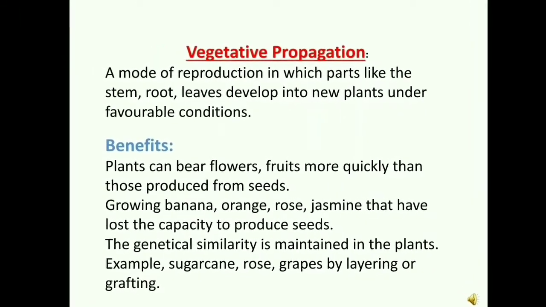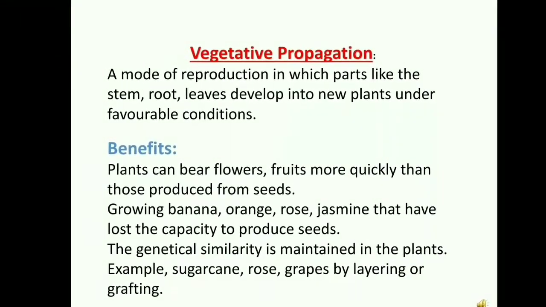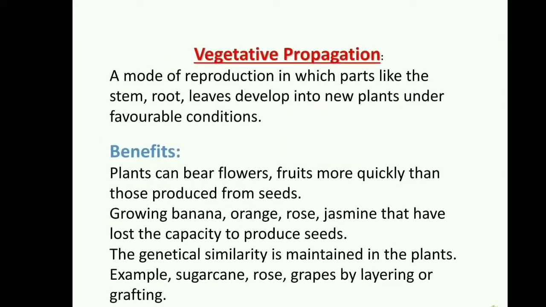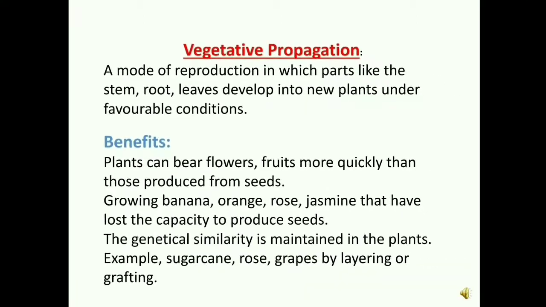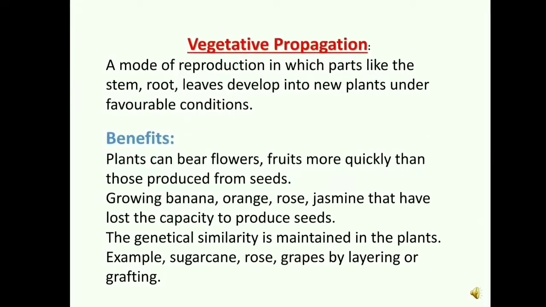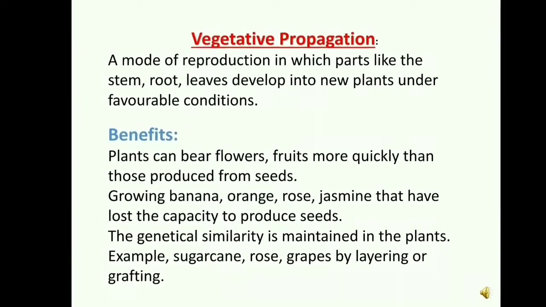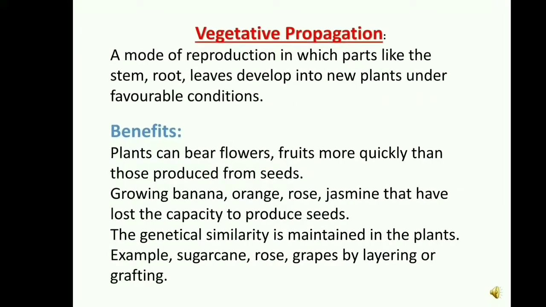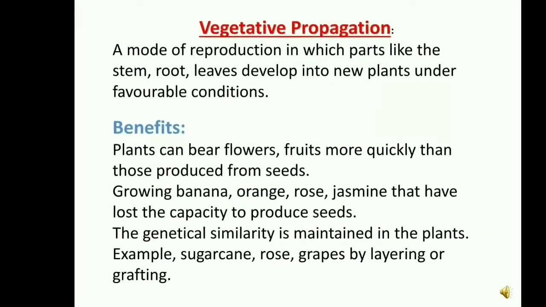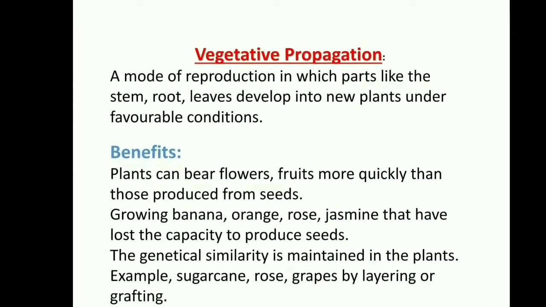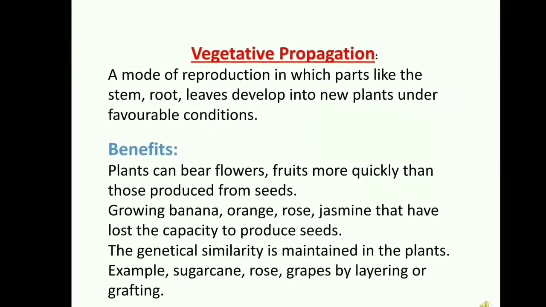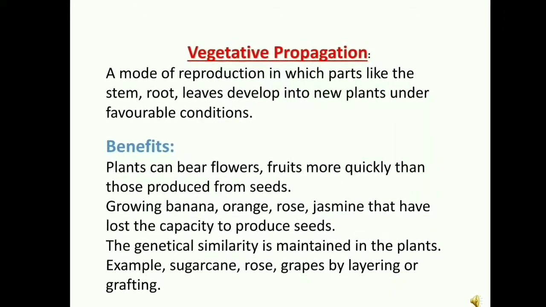Plants like banana, orange, rose, jasmine have lost the capacity to produce seeds. Plants can bear flowers, fruits more quickly than those produced from seeds. The genetic similarities are maintained in plants like sugarcane, rose, grapes by layering or grafting.